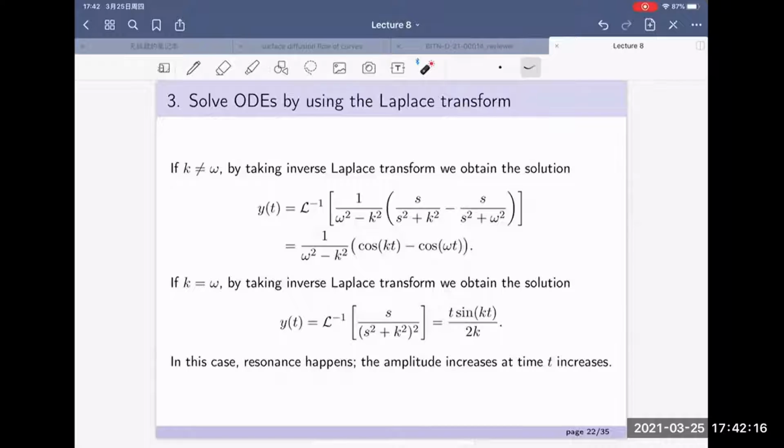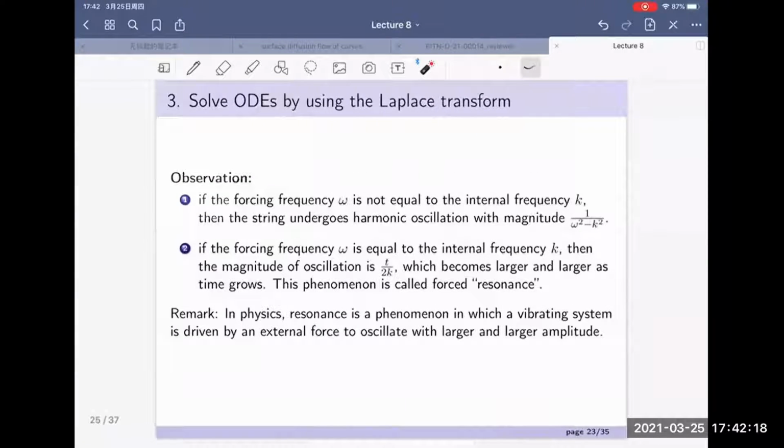Resonance means the amplitude of vibration increases in time, and the string will be destroyed. So the observation is that when the forcing frequency is not equal to the internal frequency, you get harmonic, periodic oscillation with some given constant magnitude. But if the external forcing frequency is equal to the internal frequency, then the magnitude of the oscillation increases as time increases, and the amplitude becomes larger and larger.